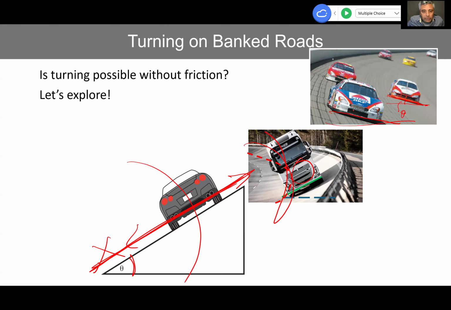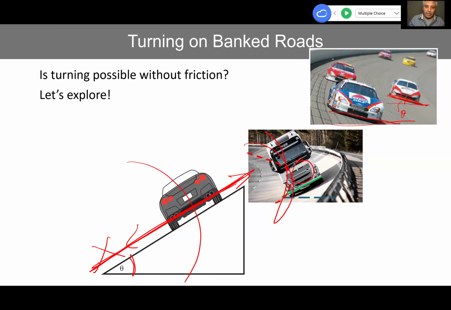We learned about motion in an inclined plane. When we use Newton's law for the motion in an inclined plane, what do we do? We choose one axis along the incline because the car, or the object, is accelerating along the incline. But in this case, this car is not going uphill or downhill.